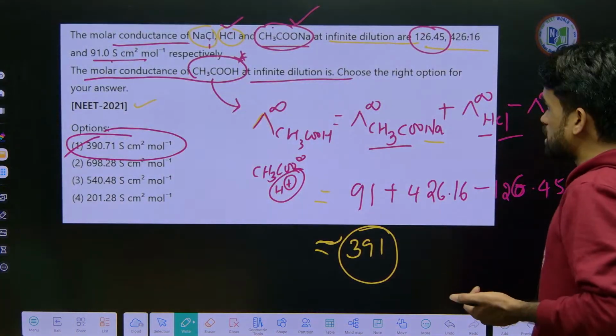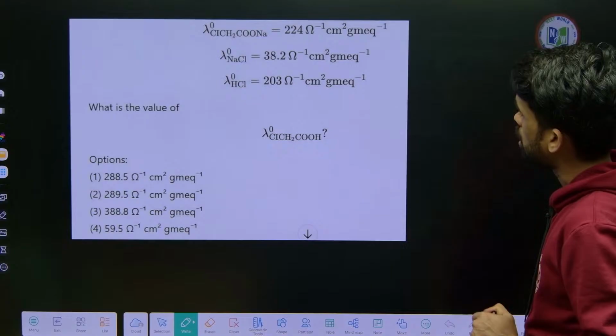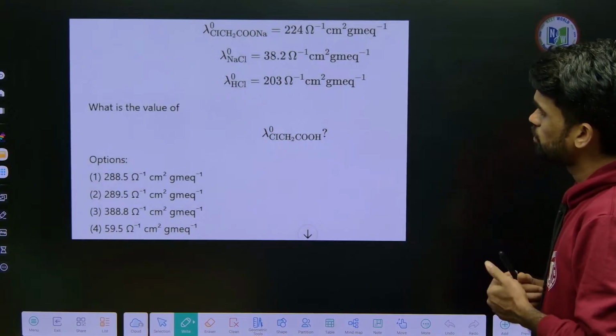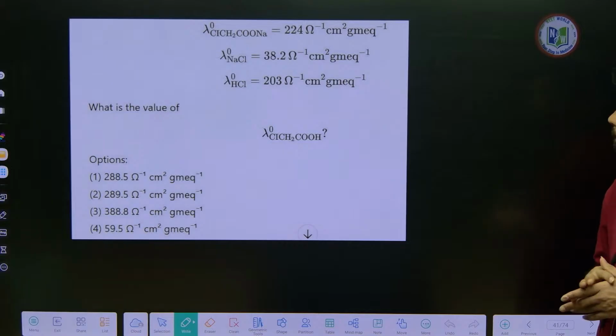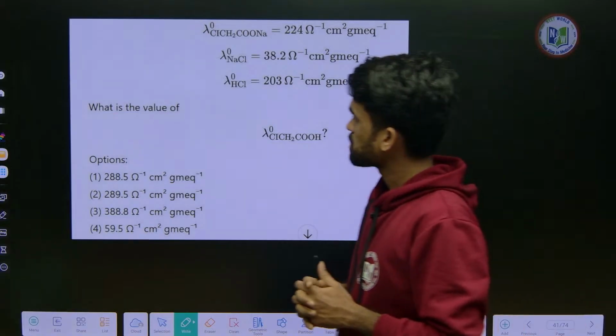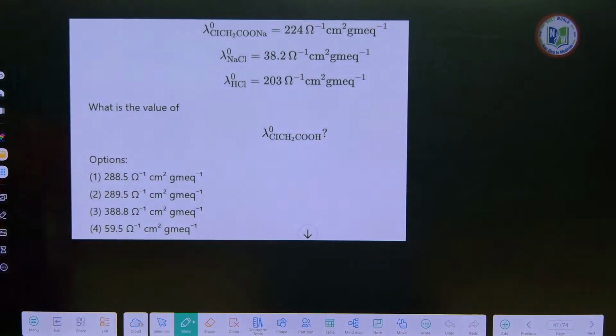This is already discussed. Can you answer me this? Very easy. Try this and tell me. This is the first application that we discussed previously. Direct formula substitution only.